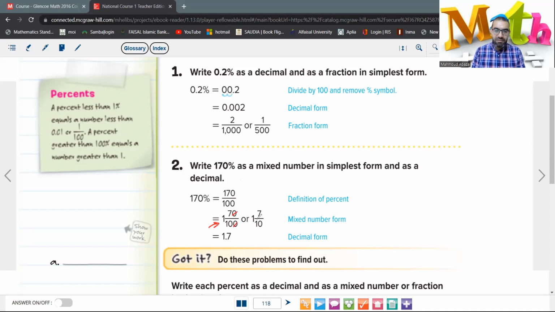So this will give the mixed number in simplest form 1 and 7 over 10. And you know that 7 over 10 means 0.7. So in decimal, it will be 1 as a whole number and 0.7, which means 7/10.